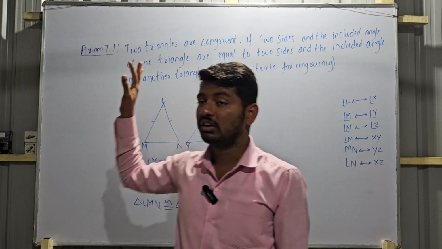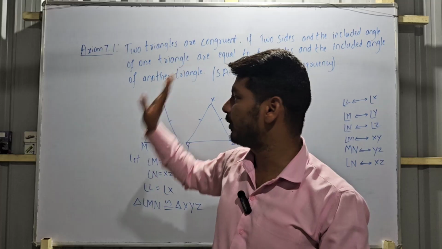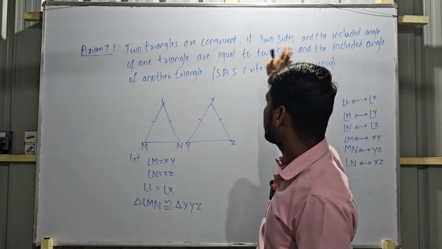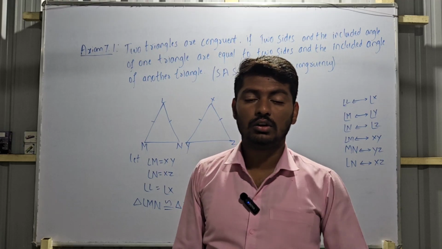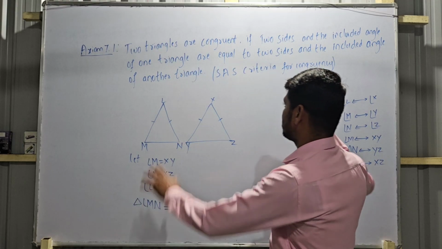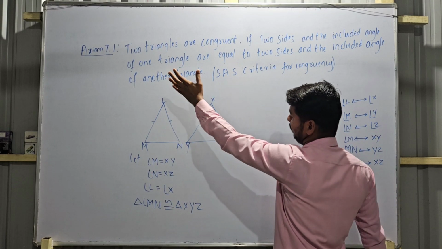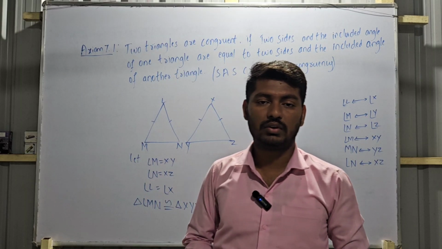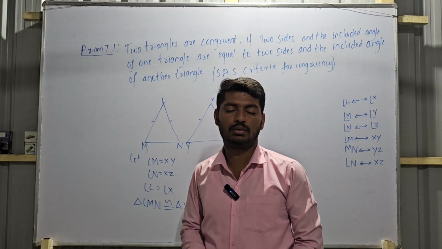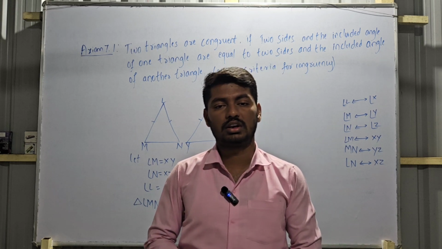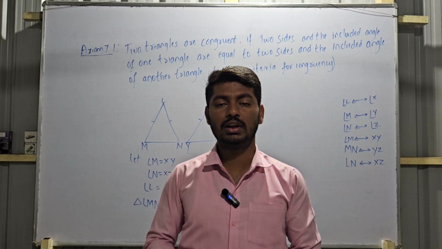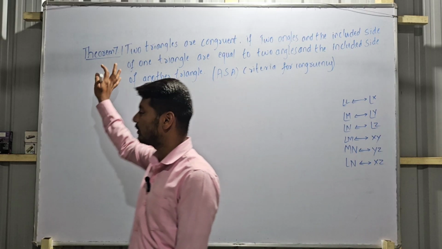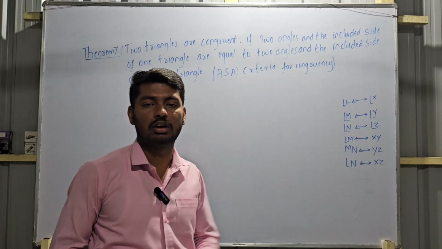So this is the theorem or axiom 7.1, the SAS congruency rule. This rule states that two triangles are congruent when the two sides and included angle of one triangle are equal to the two sides and included angle of the other triangle.